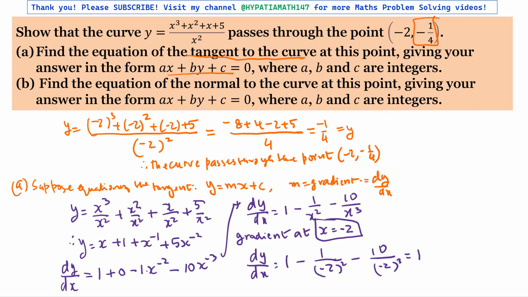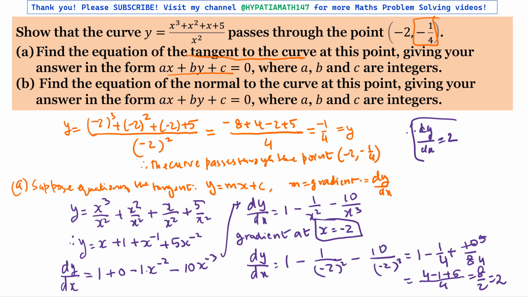That is 1 minus 1/4 plus 10/8. So that would be 2 times 5, 2 times 4. Okay, and that gives us 4 minus 1 plus 5 over 4, that is 8 over 4, that is 2. So therefore dy/dx is 2. So that's the gradient.